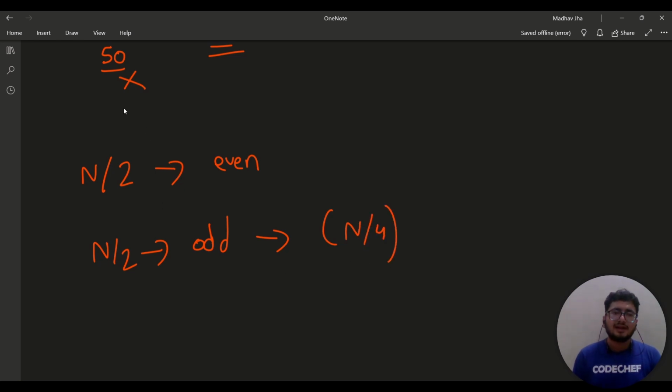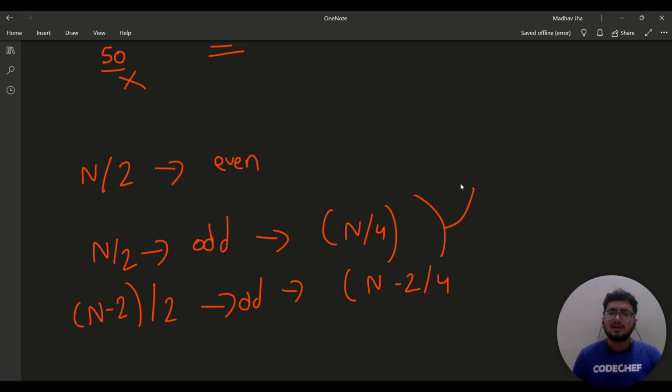What if, like this case of 100, n by 2 is not odd? We'll check the second number, that is n minus 2. And one of them will always be odd. If this is odd, then our answer would be n minus 2 divided by 4. So for even, our answer will be nothing but n divided by 2 plus one of these, whichever one gives us odd.